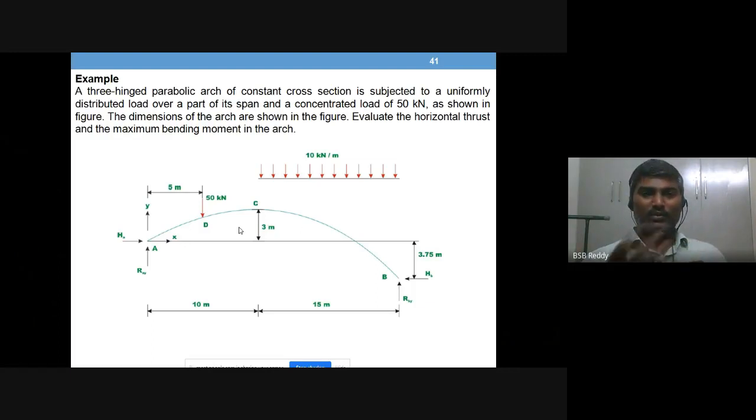We will continue from the last session, where the problem being taken is the springing points at different levels. Okay. In the previous session, it was seen how the support reactions are solved.